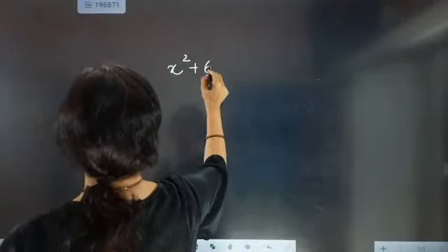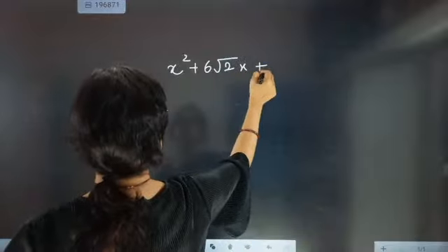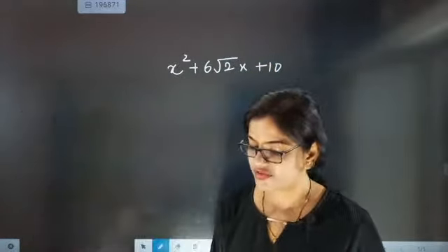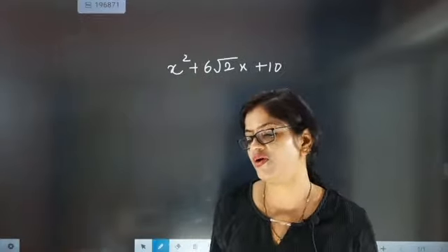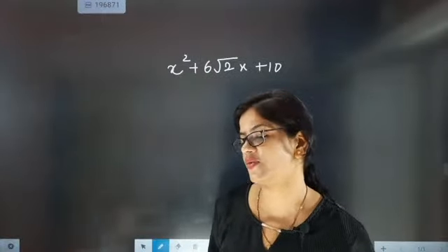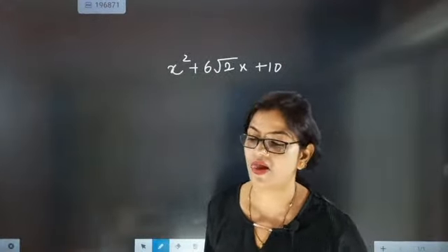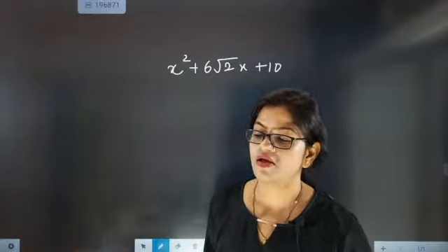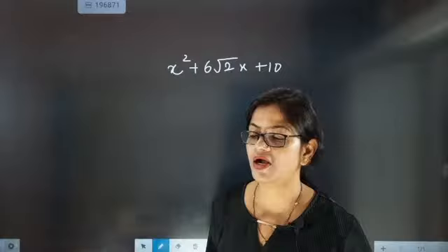Now look here. In case a root question comes, are we going to stop ourselves? A root question like x square plus 6 root 2x plus 10. If this type of question comes, what are we going to do? Are we going to sit and solve the question or leave it? They want 6 root 2 in the middle part.